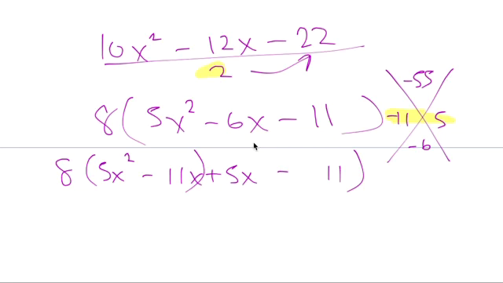So these two factor out by an x, and these by a 1. So you get x plus 1 and, no, not 5x squared, it's 5x.